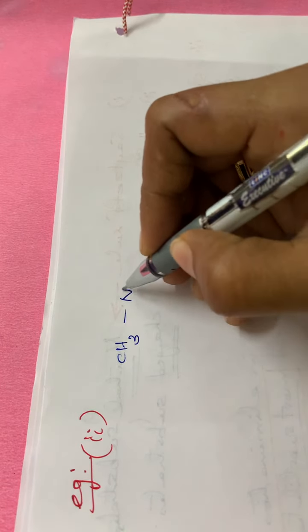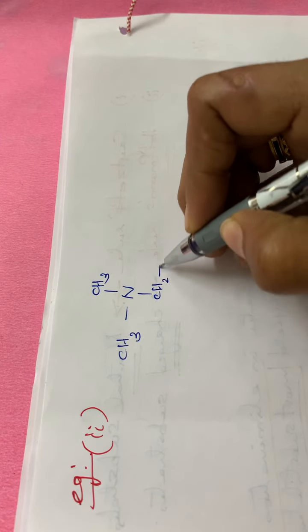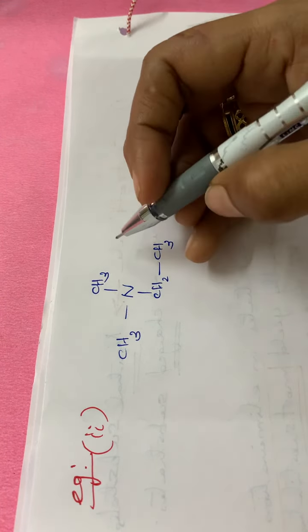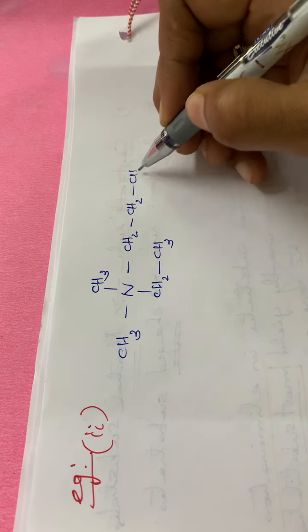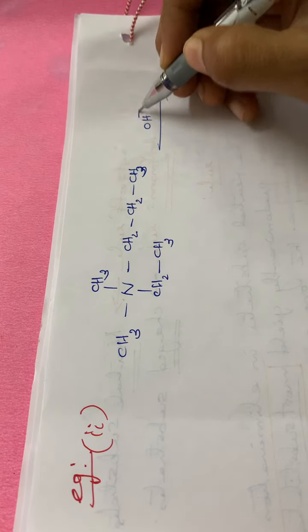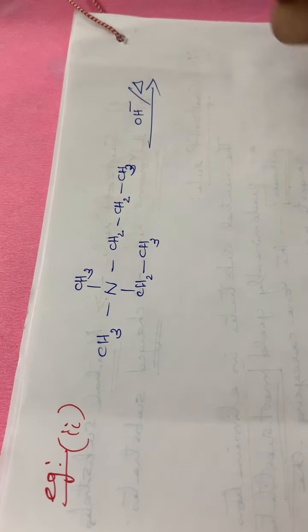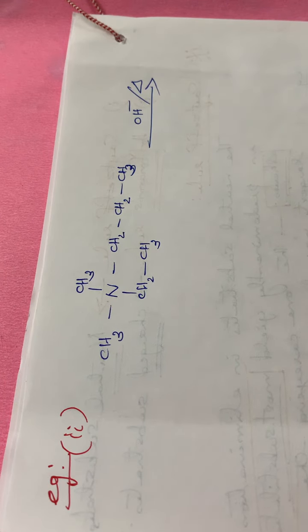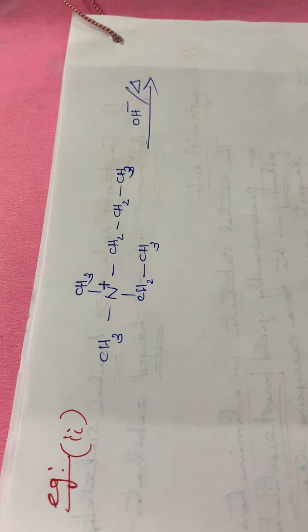CH3, N, CH3, CH2, CH3, CH2, CH2, CH3. Okay, in presence of OH minus, a strong alkali, and also heat. So this is also a charged substrate. This nitrogen has got a positive charge. So here elimination can take place in two ways.